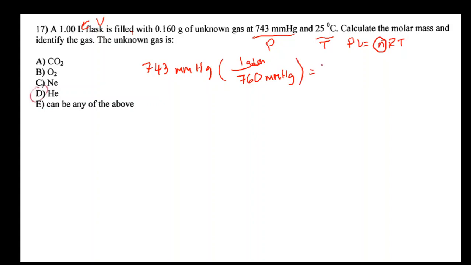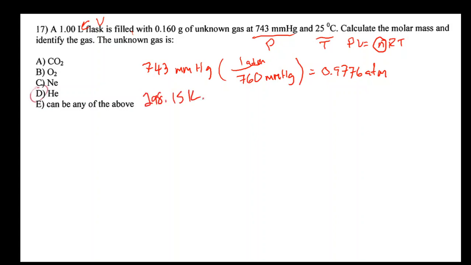So what would that be? I should probably do that calculation. 743 divided by 760 equals 0.9776 atmospheres.